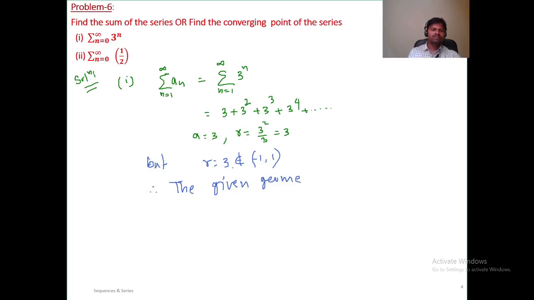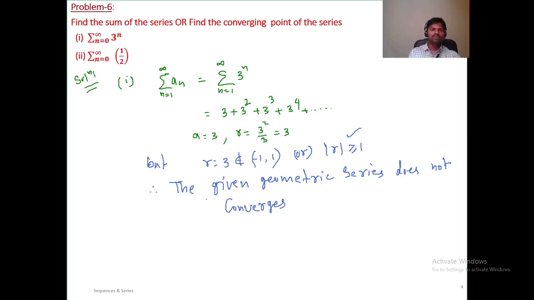So modulus of r is more than or equal to 1. It is satisfying this condition. So therefore the given geometric series does not converge. That means it diverges. By observation I can say that it is infinity.